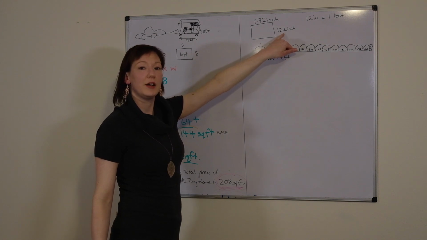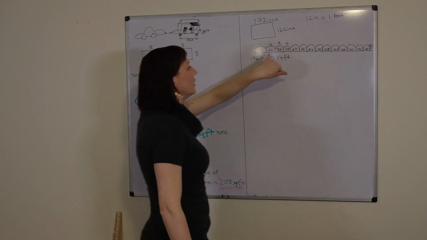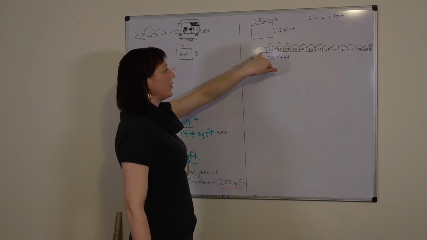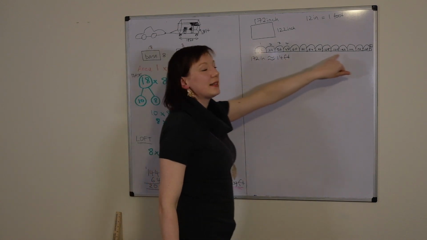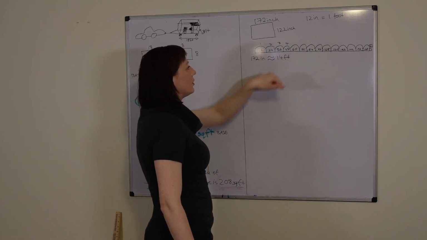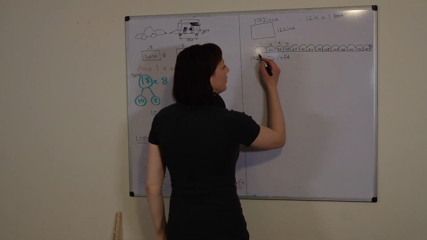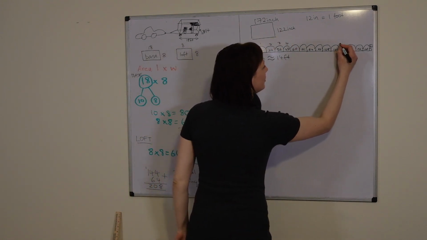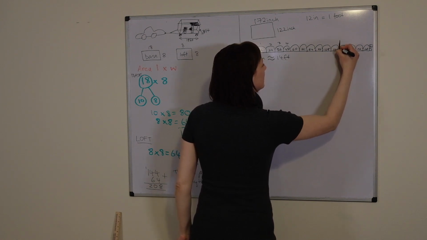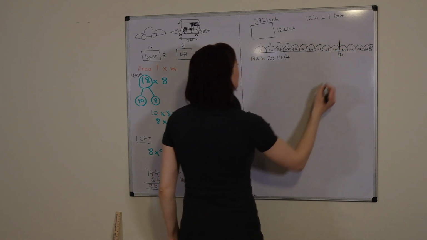Let's do that with 122 inches. How do we convert 122 inches into feet? So remember, for every foot there are 12 inches. We're using our tape diagram using multiples of 12. We want to look at 122. There's 120 right here, and there'll be 2 left over.